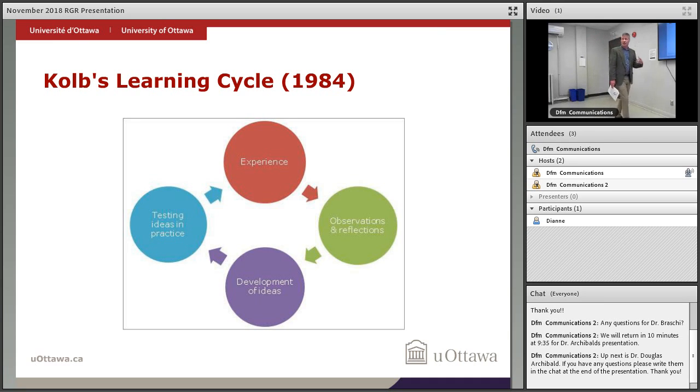Essentially, you have a given experience, you reflect on that experience, it develops new ideas, new questions, and you test them out. This is a very common learning cycle that we use in education. It's very individualized. A lot of critics of Kolb's learning cycle would say that it's not collaborative enough. It doesn't involve more than one individual. It's too individual focused.